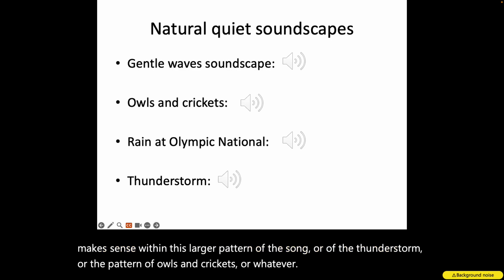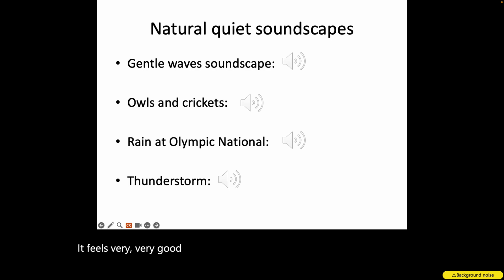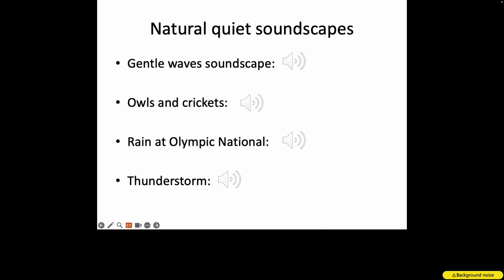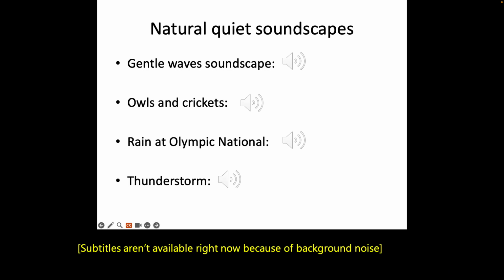It feels very, very good to anticipate reality, and it feels almost as good to figure out why or how the new reality after the bass drop or whatever fits into our model of the world. It's very reassuring when we get some sense of reality.